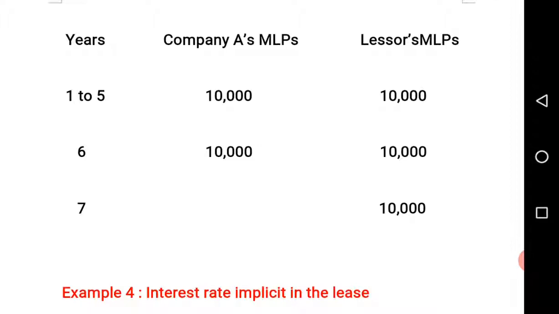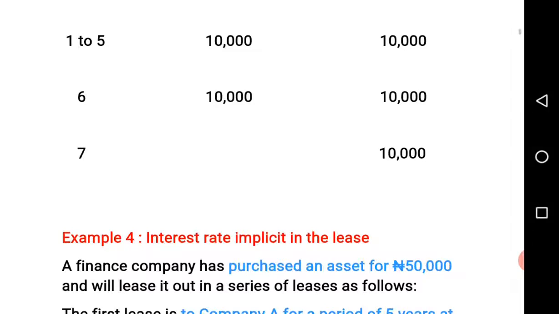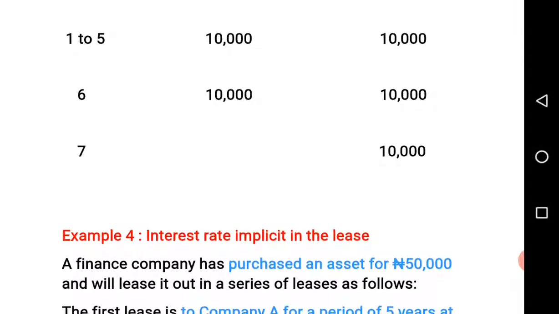That's the minimum lease payment for Company A, who is the lessee. Now the lessor's minimum lease payments has an extra 7th year of unrelated party also getting 10,000. So his total minimum lease payment is 70,000, while the lessee has a minimum lease payment of 60,000. So those are two figures entirely.